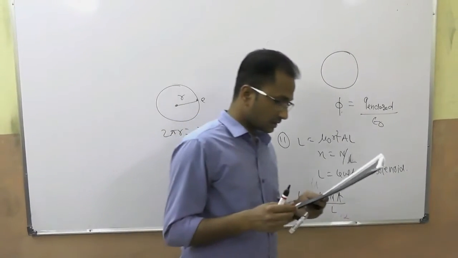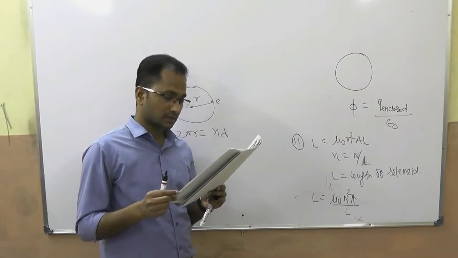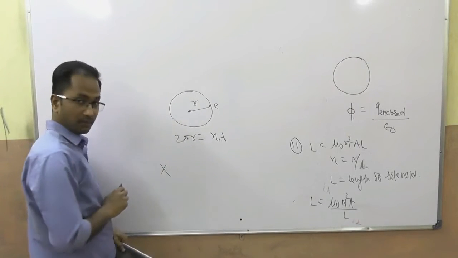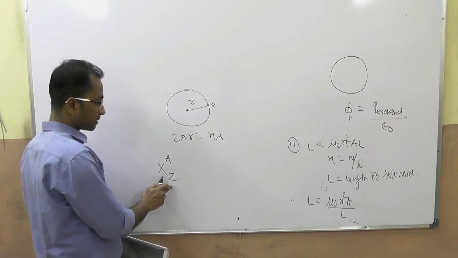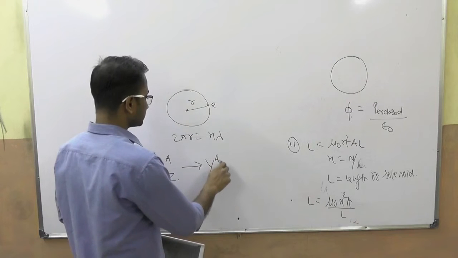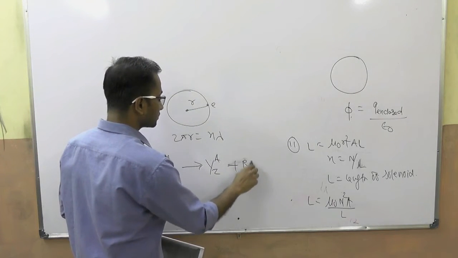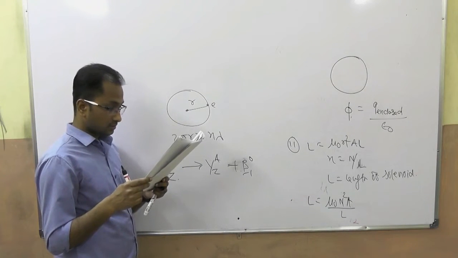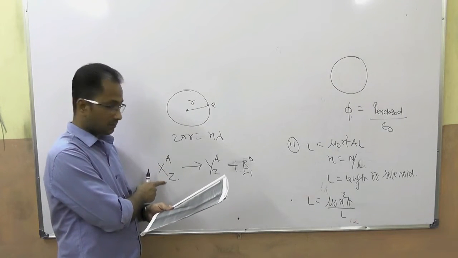Now the next question is, in beta decay, the parent and daughter nuclei have the same number of. Suppose X is the parent nucleus having mass number A and atomic number Z, it goes through beta decay. In any type of decay, the mass number and charge number must be conserved.